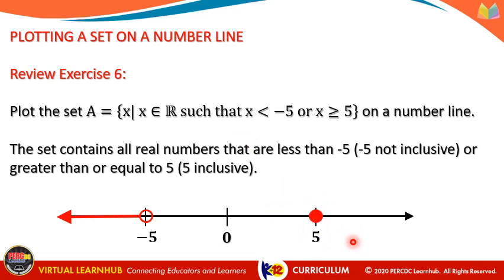And since ang kasama ay mga higher than 5, then maglagay lang tayo ng line to the right, going to the right. Again, maglagay ka lang ng arrowhead to signify na tuloy-tuloy lang yung ating number line to the right. So, ibig sabihin nito, it is now from 5 up to +infinity.